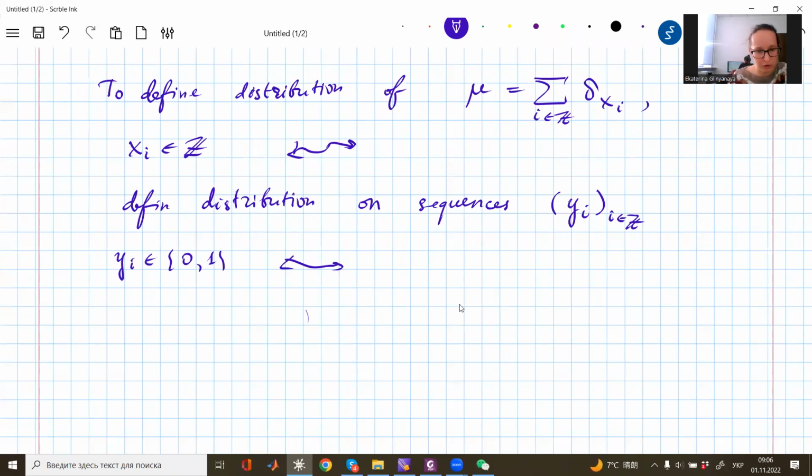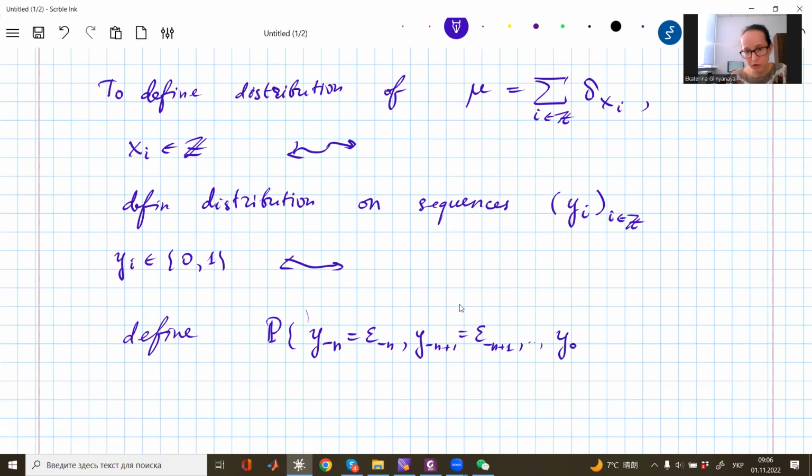We need to define the following probabilities: the probability that y at position minus n is equal to epsilon minus n, y at minus n plus 1 is equal to epsilon minus n plus 1, and so on, y0 is equal to epsilon 0, and so on, yn is equal to epsilon n, where epsilons are some fixed sequence of zeros and 1, with values 0 or 1.